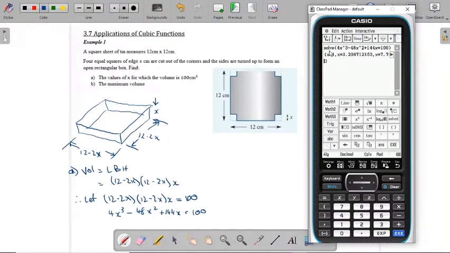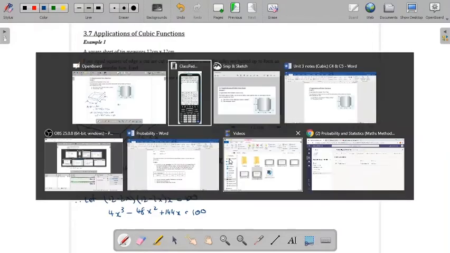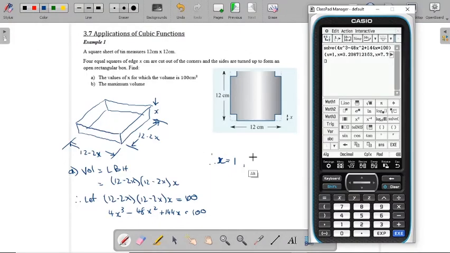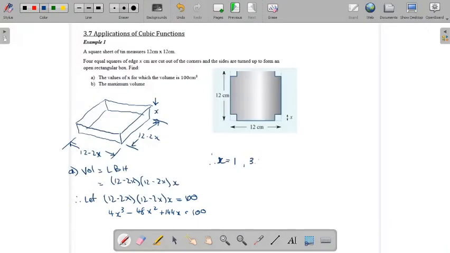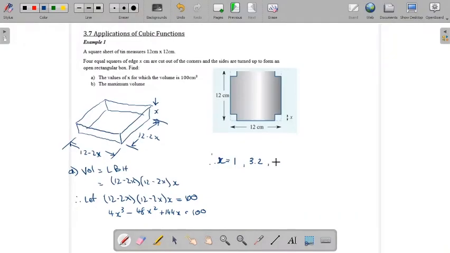We can see that we've got three possible values here, 1, 3.2, and 7.8 if we round that. So then we've got x equals 1, 3.2, or 7.8.